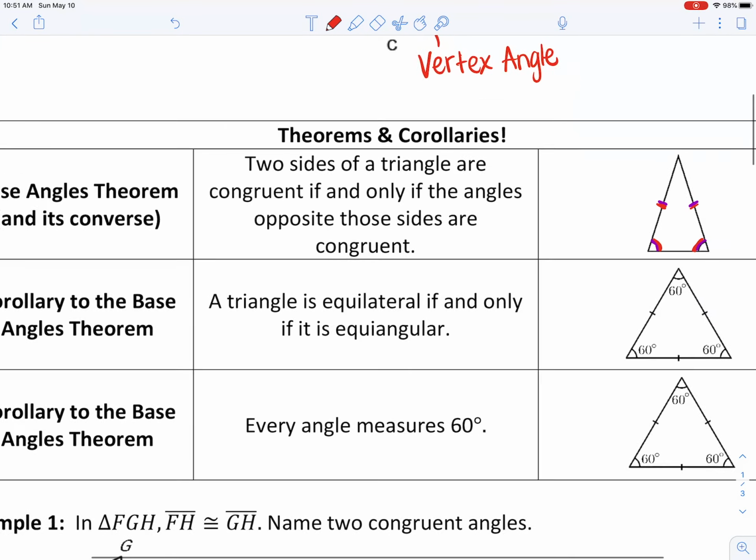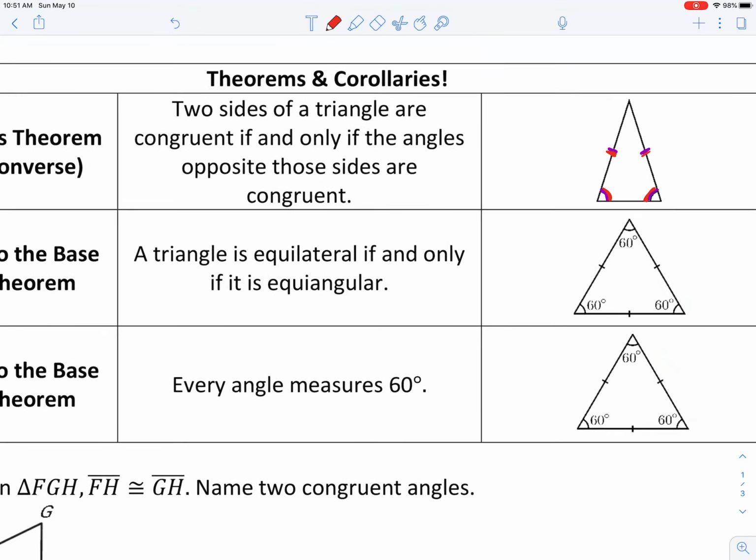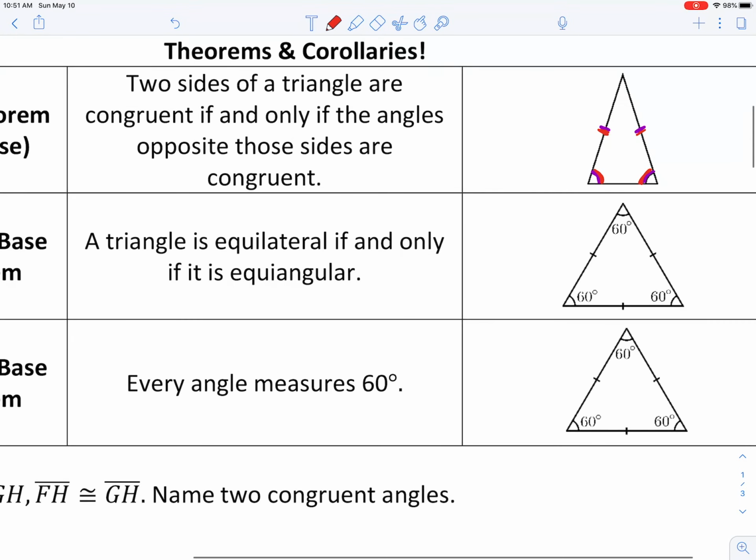The next theorem is, I'm going to call it the corollary to the base angles theorem. And what a corollary means is you take a theorem or a rule and you can learn something else from that or create another rule from that one. So basically all you need to understand is the context of this, okay? You don't have to memorize what it's called.